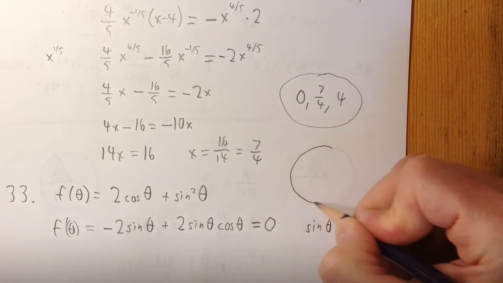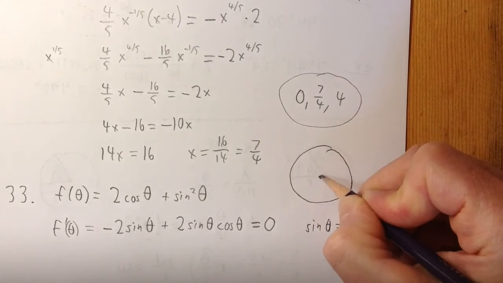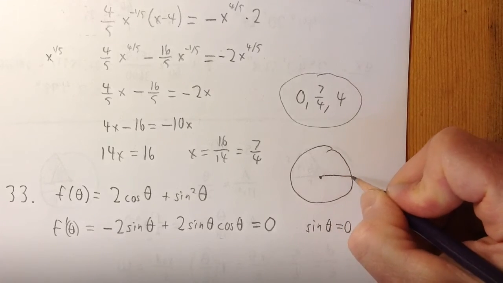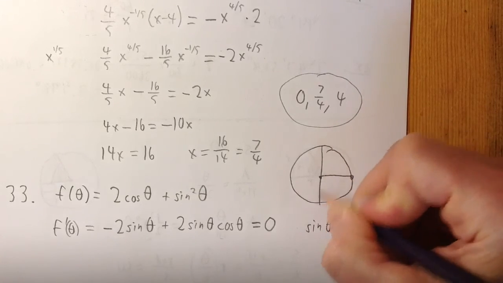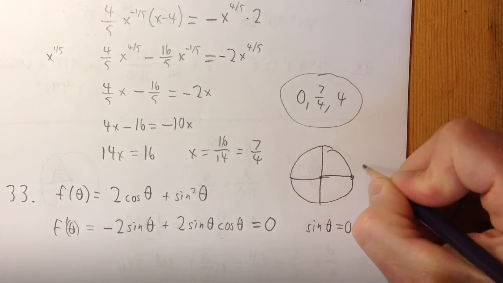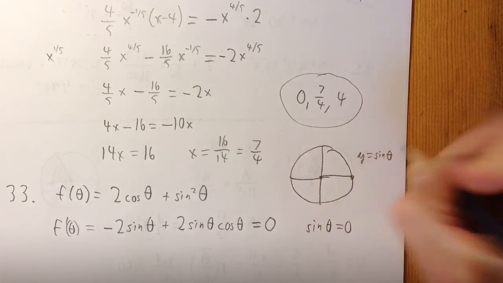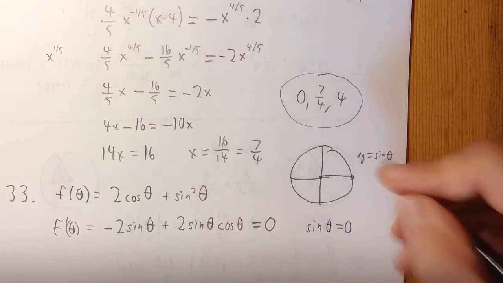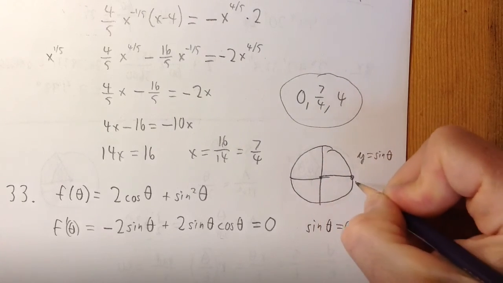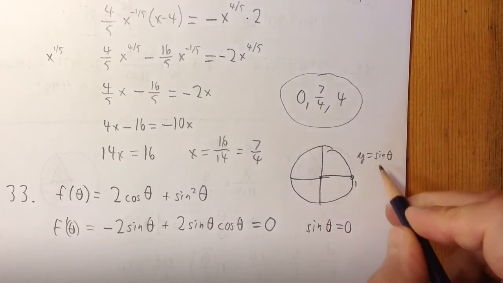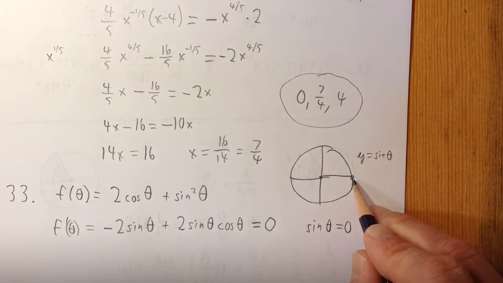Let's look at our unit circle. Let's put our axes in here. Sine is always the height. The y value is the sine in our unit circle. Unit circle means this radius is 1, right? So where is there no height?